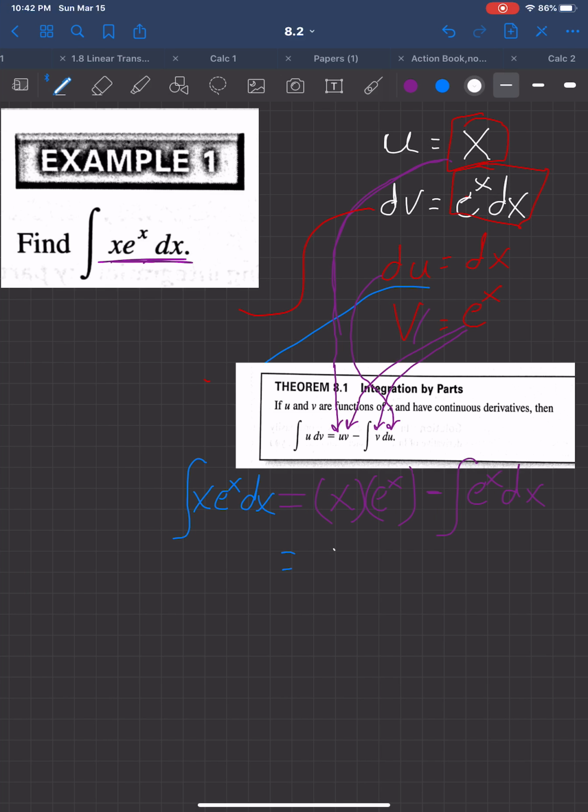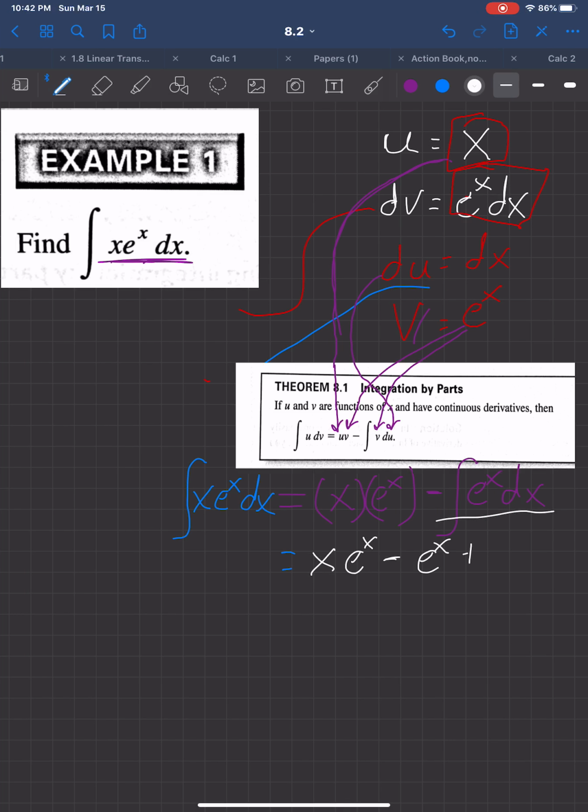So let's finish this up. x times e to the x is just x e to the x minus, now hold on, if you integrate e to the x with respect to x, you are again going to get e to the x. Now, of course, if you were thinking, hey, you forgot the plus c when you integrated to get v, it's okay because there's always going to be one last round of integration at the end.